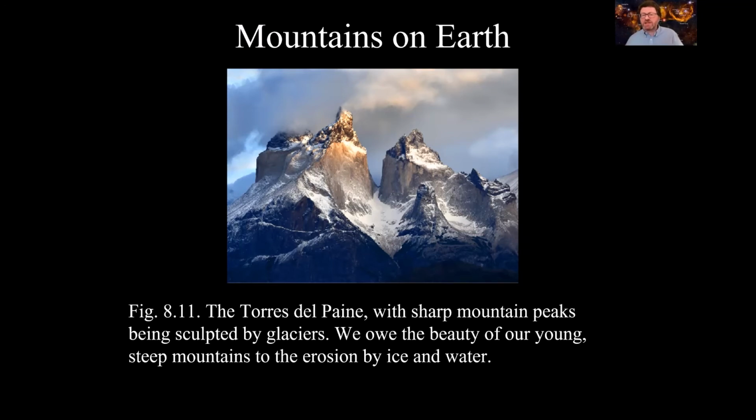Also, because Earth has an atmosphere, something that we're going to be discussing in more detail this week, you get erosion processes from rain and wind, sand particles blowing up. These are all processes that shape the surface of the Earth. And so the Earth's surface now is not at all like it was 4.5 billion years ago.